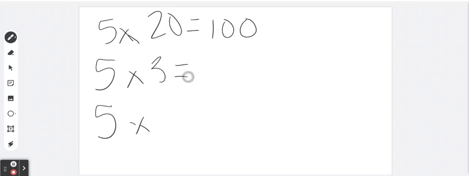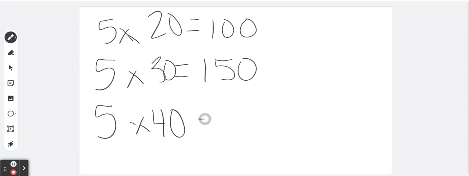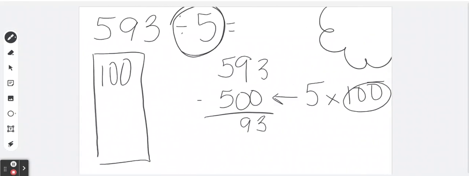And if I know 5 times 3, I know 5 times 30. And if I know 5 times 4, then I know 5 times 40. And I can keep going this way, right? So I know that 5 times 10 is 50, and I can take a big chunk out of this number with 50. So I'm just going to do it.